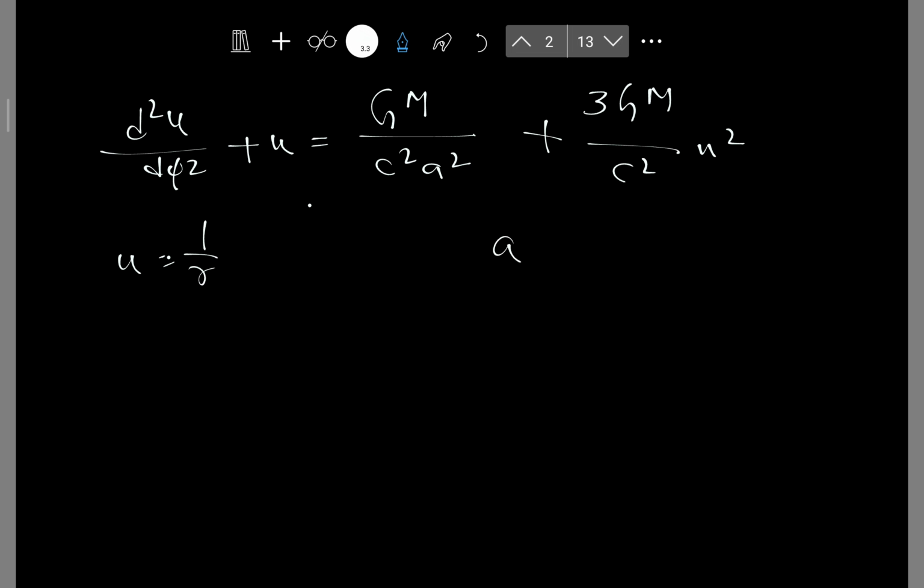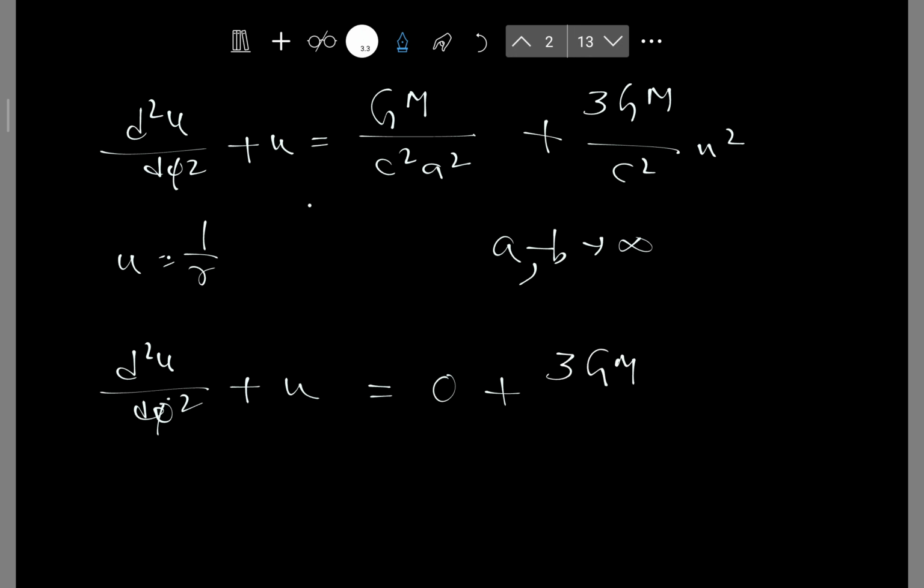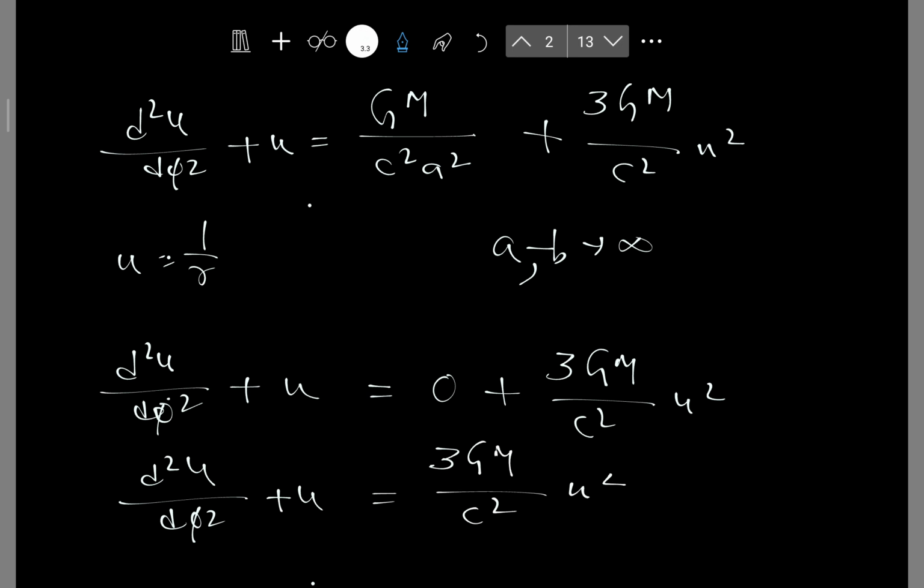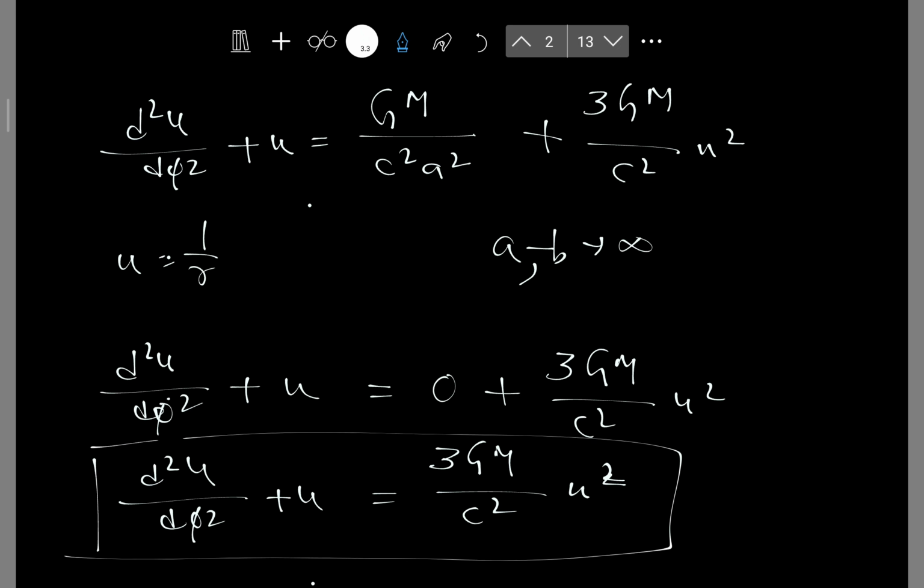For the null geodesic, h and c tend to infinity, so the geodesic equation becomes d square u by d phi square plus u equal to 0 plus 3GM by c square u square, and we have d square u by d phi square plus u equal to 3GM by c square u square. This is the equation for h tending to infinity, describing the propagation of light in the gravitational field of the sun.